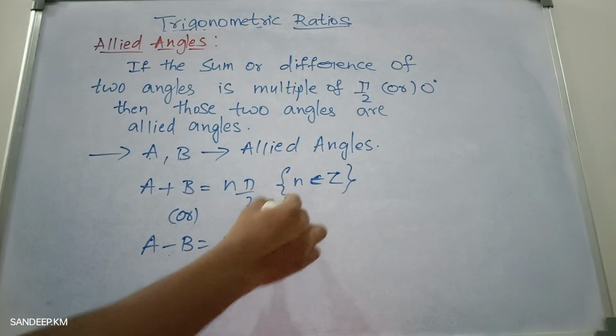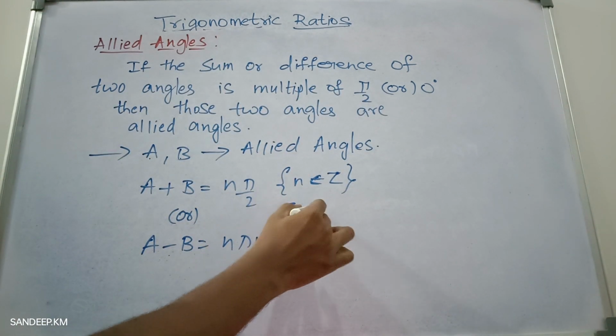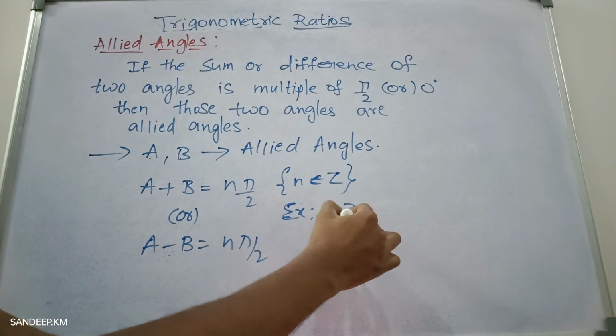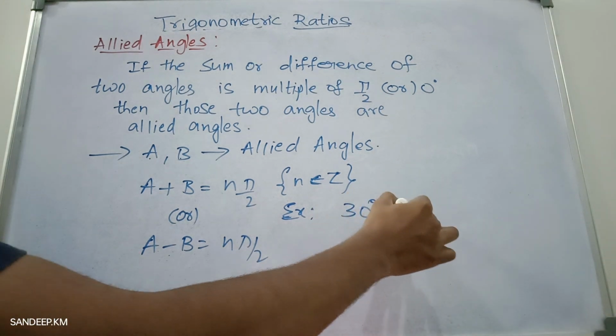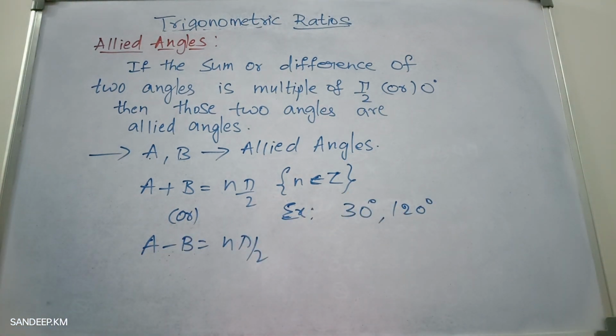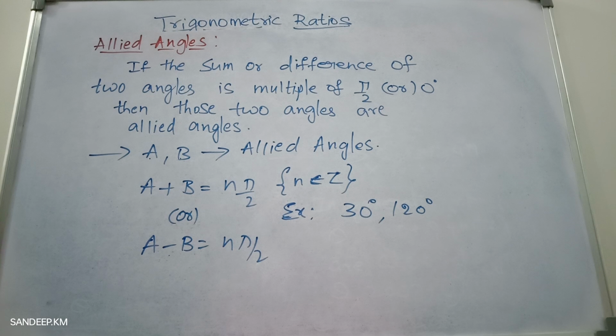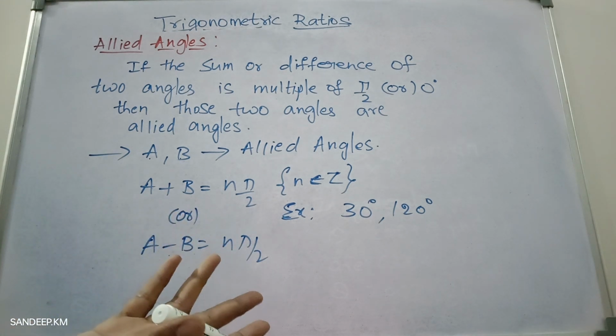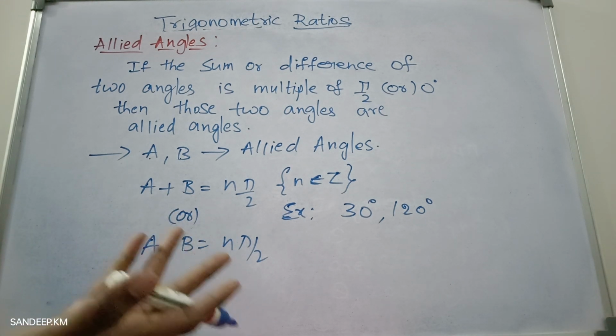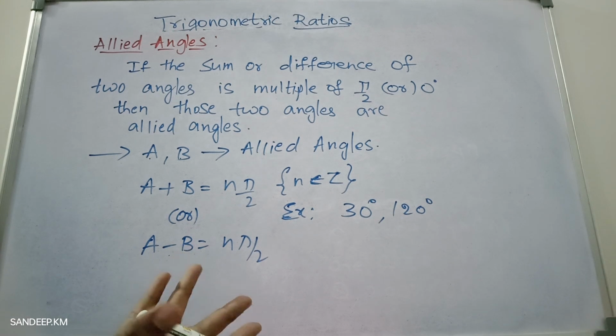So now example. Let us consider 30 degrees and 120 degrees. Observe one thing. Obviously, if you add them, you will get 150 degrees. But 150 degrees is not a multiple of pi by 2. 150 degrees is not a multiple of 90 degrees. Correct or not?